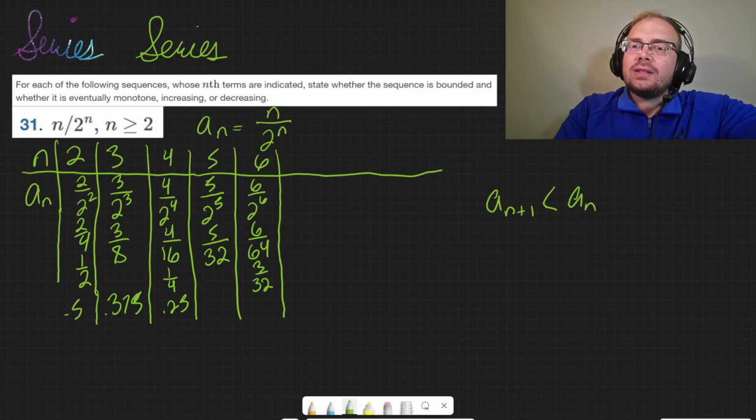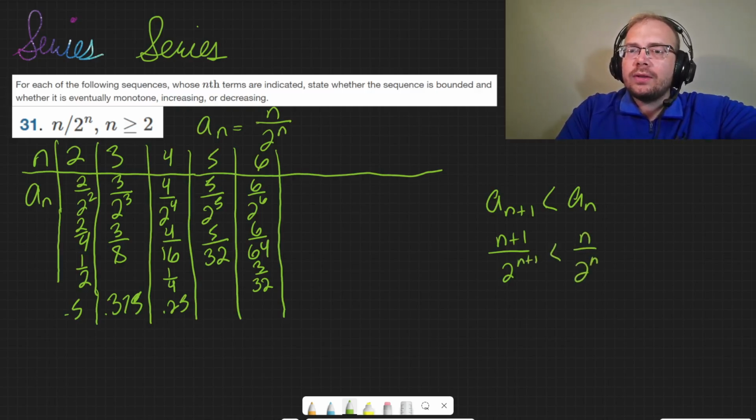And if you need to show something a little bit more profound, maybe you could do something like this, where you would say n plus 1 over 2 to the n plus 1, compared with n over 2 to the n. Then this would be n plus 1 over 2 to the n times 2.